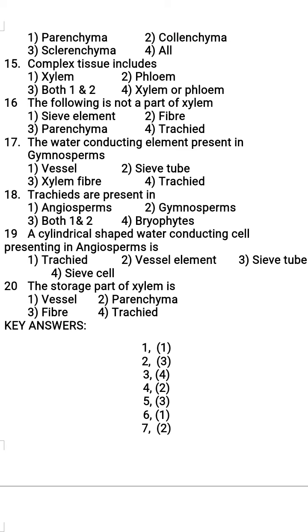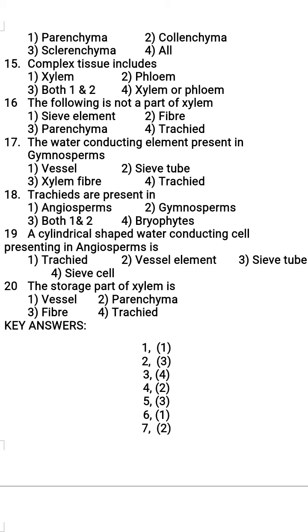So what could be the correct answer? Option 3, 1 and 2, xylem and phloem, right? The symbol 'and' is there in the third option. Both 1 and 2 means it represents both xylem and phloem.